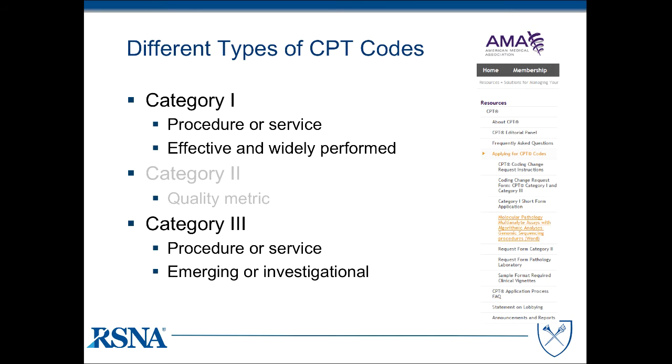Both are used to report, again, procedures and services rendered by physicians and other qualified healthcare providers. Category 1 codes are reserved for services that have been demonstrated to be effective as well as widely performed. The burden for getting a Category 1 code, as we'll talk about in a bit, is high. Category 3 codes are intended for emerging and investigational services. The threshold to get a Category 3 code is much lower.